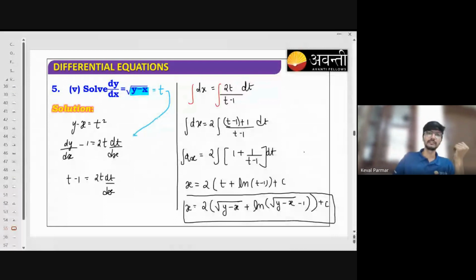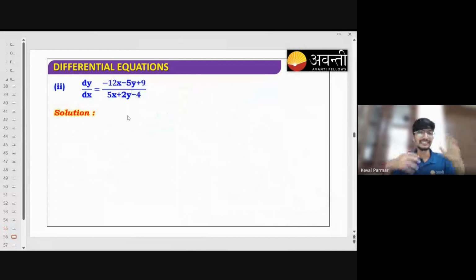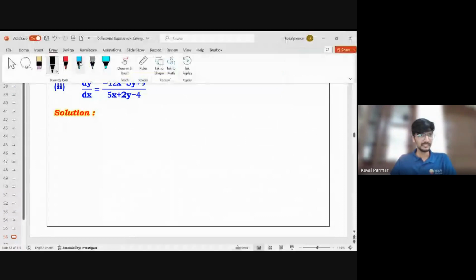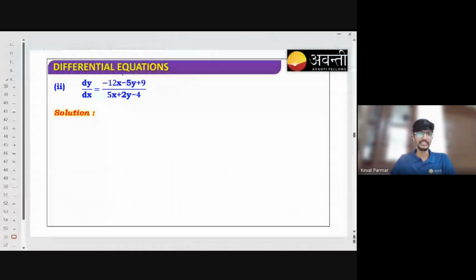Now, only one thing is remaining, which is what I was talking about: exact differential, case 1. Here the main thing to note is that it is linear upon linear.